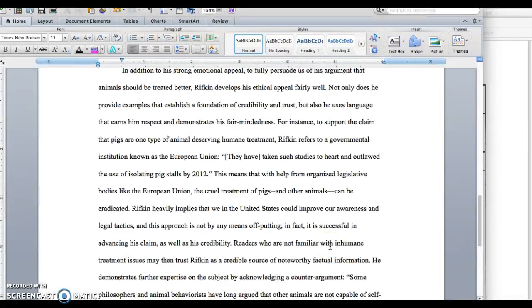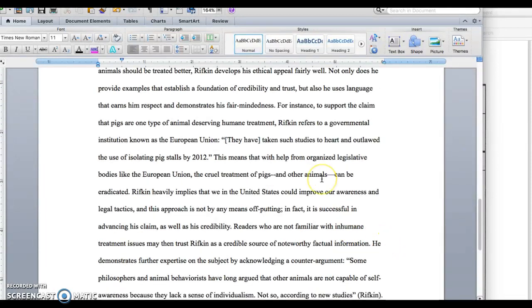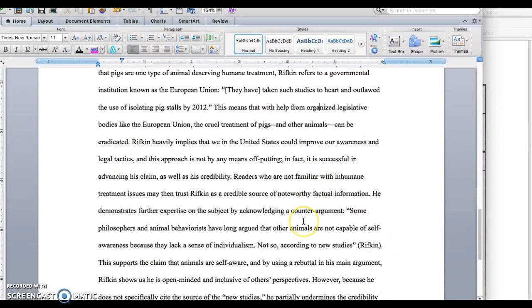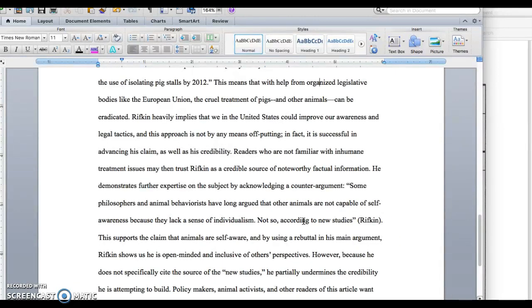Rifkin heavily implies that we in the United States could improve our awareness and legal tactics, and this approach is not by any means off-putting. In fact, it is successful in advancing his claim as well as his credibility. Readers who are not familiar with inhumane treatment issues may then trust Rifkin as a credible source of noteworthy factual information.